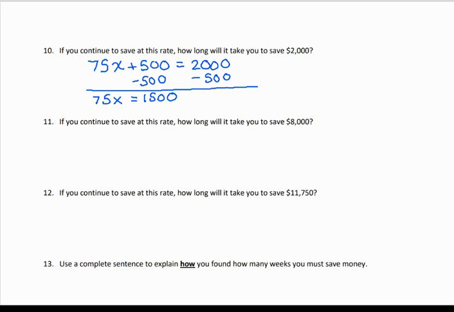And now divide. $20? Perfect. So X will equal 20. So what does that mean? It will take, what does this mean? 20 apples? 20 weeks. Good.